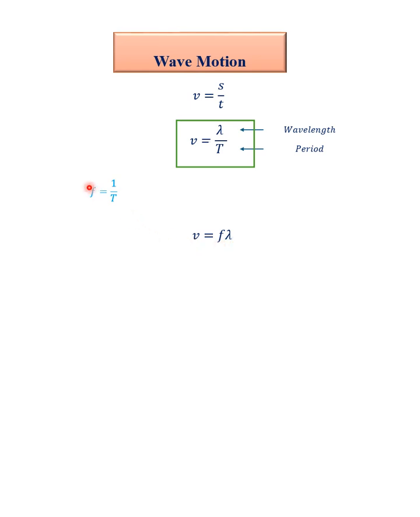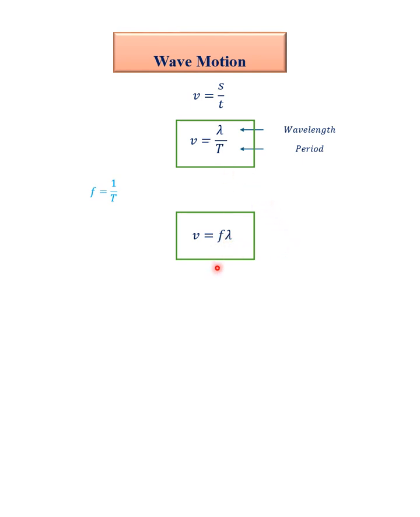F for frequency, lambda for wavelength, because inverse of period has been replaced by frequency f. This is another important formula to take note of. With these two formulas, we can find the speed of a wave, the frequency of a wave, the wavelength of a wave, or even the period of a wave.